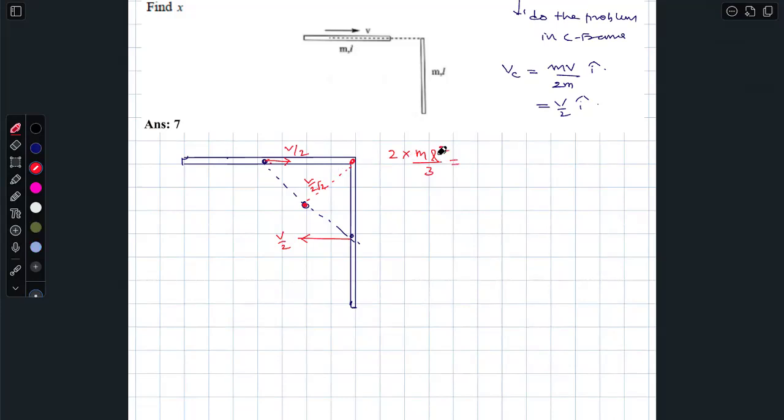About this point, 2 times ml square by 3 is equal to ICM plus 2m times. Here you have 2m mass.